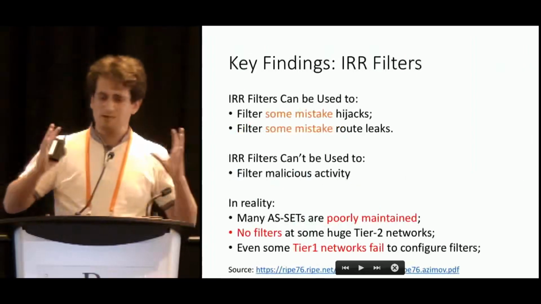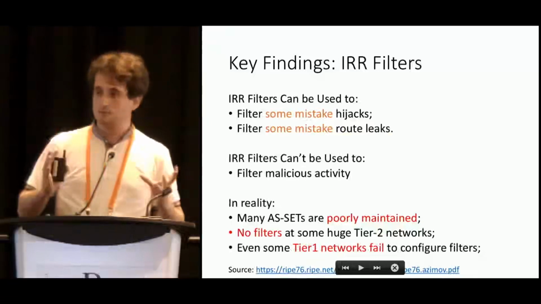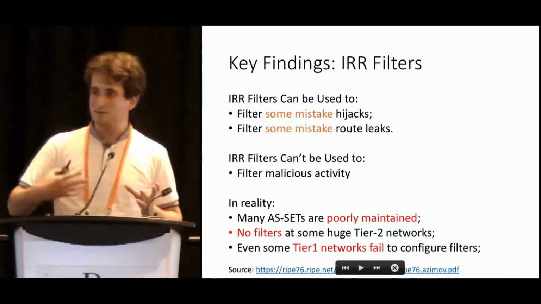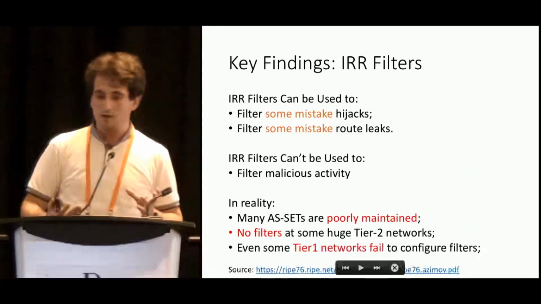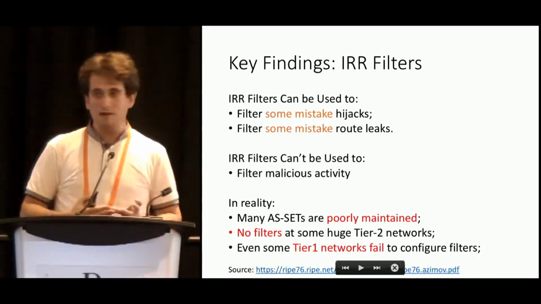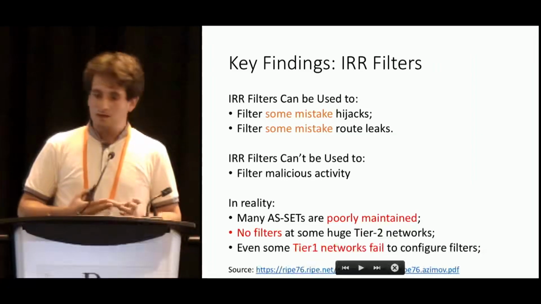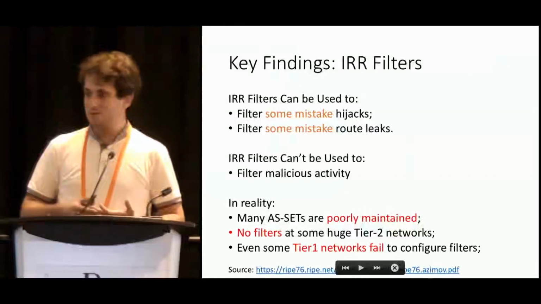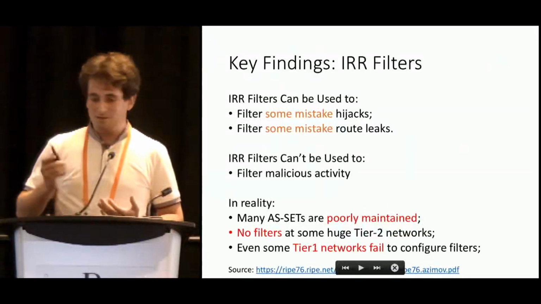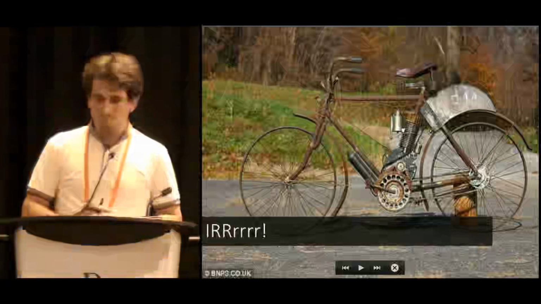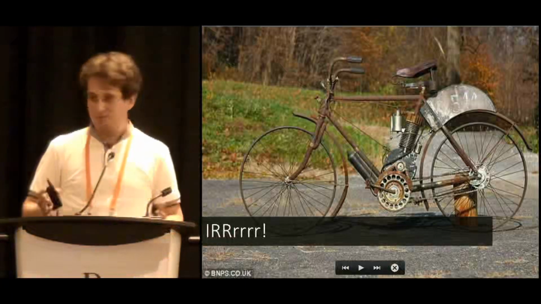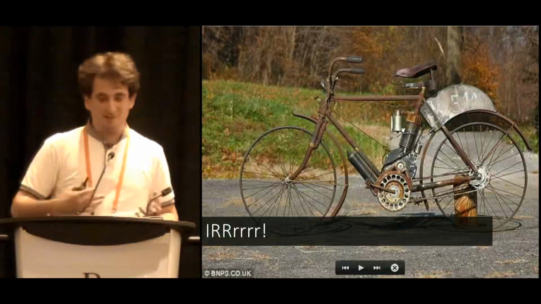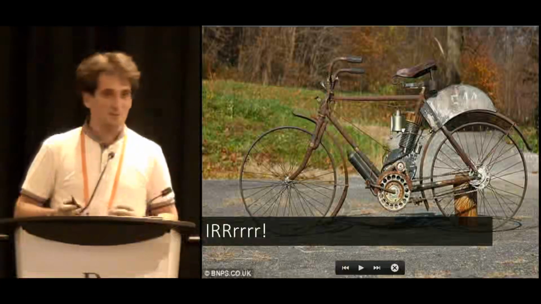Just to summarize, IRR filters are useful. They can stop some mistakes and help you secure your network, but they are not suitable to fight malicious activity. If I imagine a bicycle that represents IRR filters, I think of something like this: it's hard, it's old, but we have to use it, we have to ride it. Let's discuss what other options we have.